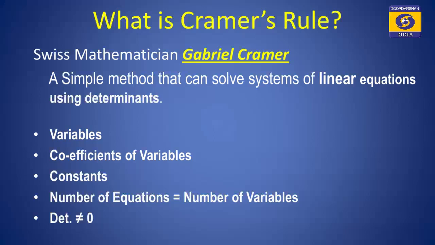So, here I have jotted down variables, coefficients of variables, constants, and we must remember if there are 2 unknown variables, then there must be 2 equations, 3 unknown variables, 3 equations. And the most important thing is we can only use this method if the determinant of the coefficients is not equal to 0, right.